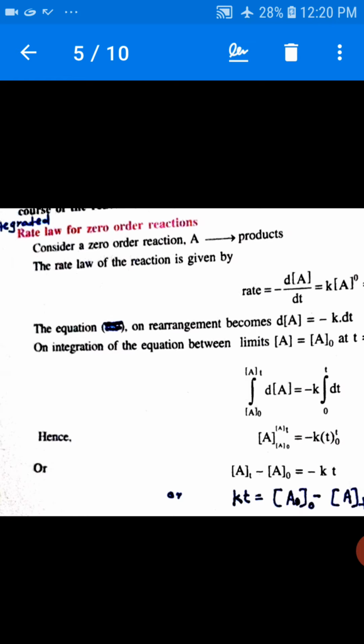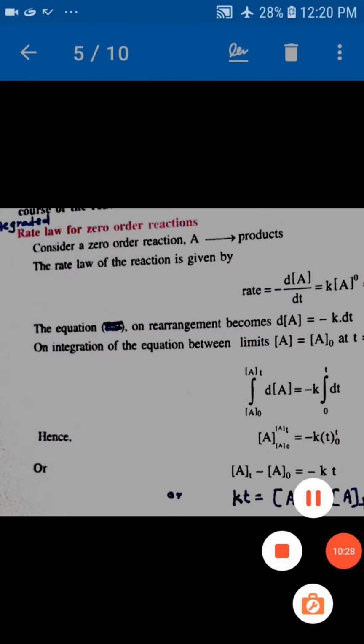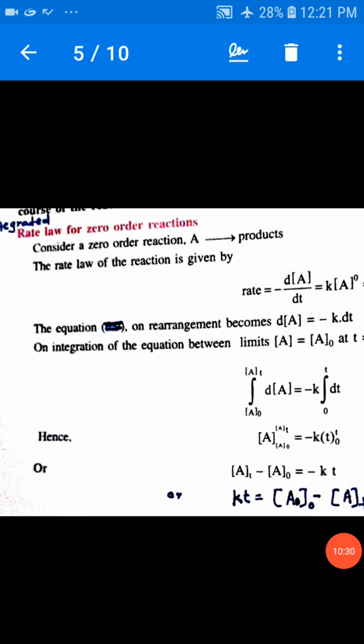Next is the integrated rate law for zero order reactions. A zero order reaction means that the rate of the reaction is proportional to the concentration of reactant raised to power 0. That means power is 0. In other words, the rate of a zero order reaction is independent of the reactant concentration.